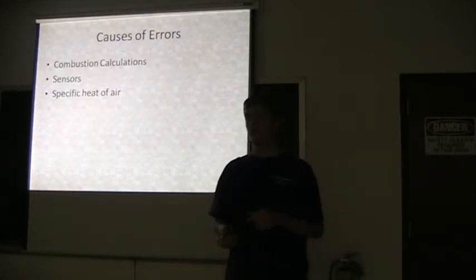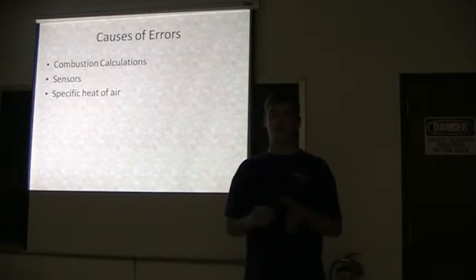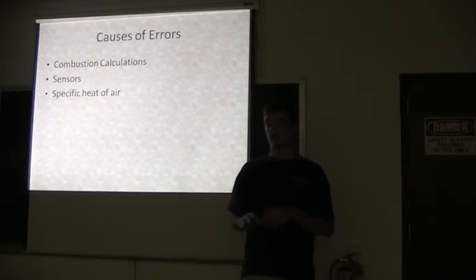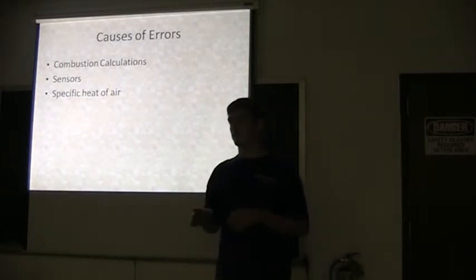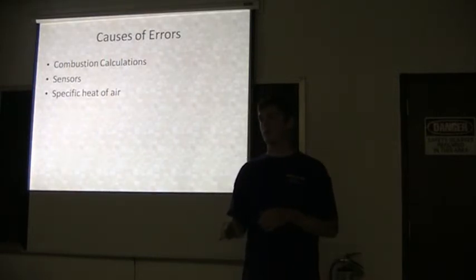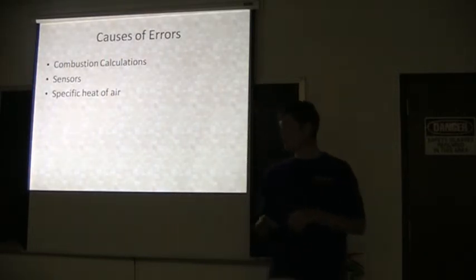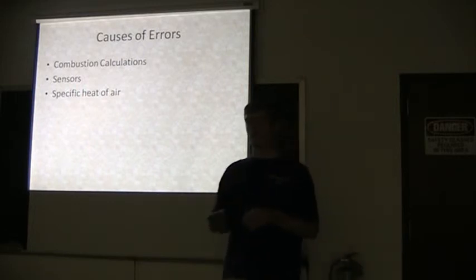In the combustion, we note that in the calculations we're assuming that all the combustion occurs in the combustor, which is not true for turbines. It'll actually continue to combust all the way through the turbine and even out the exhaust. Even some of the sensors could be placed in bad spots.